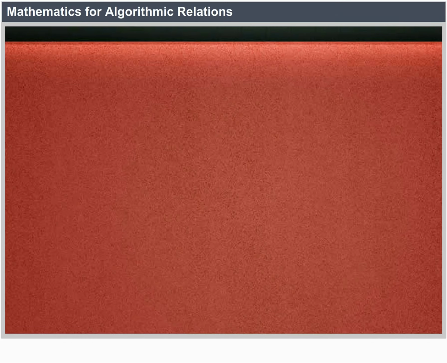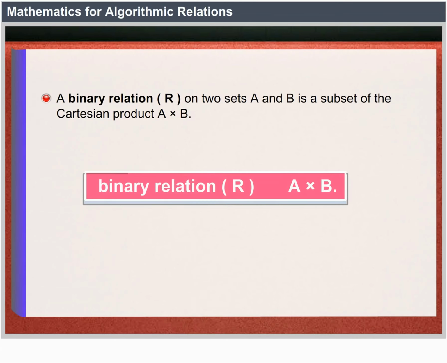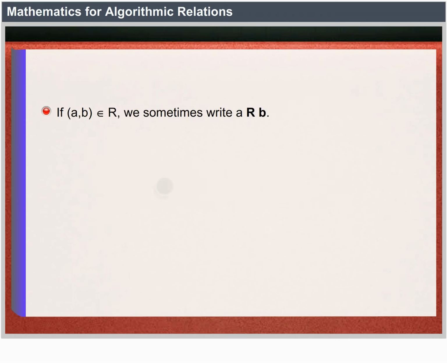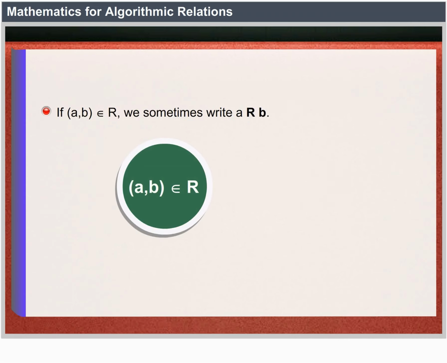Mathematics for algorithmic relations. A binary relation R on two sets A and B is a subset of the Cartesian product A × B. If (a, b) belongs to R, we sometimes write a R b.